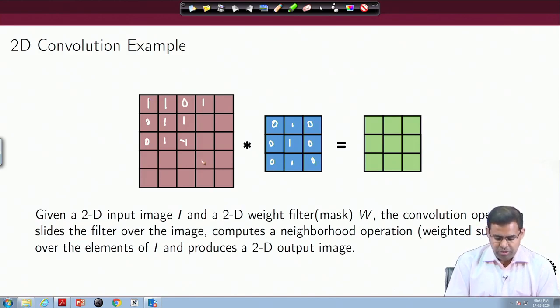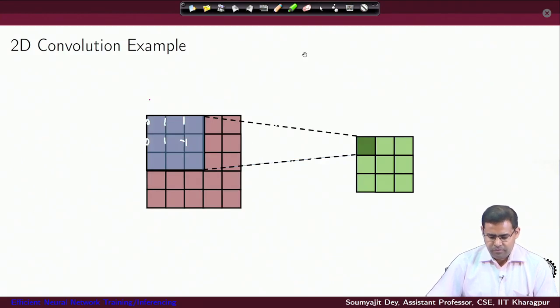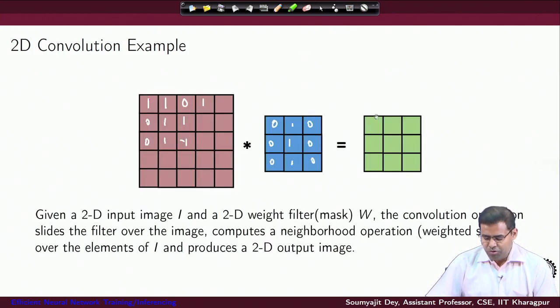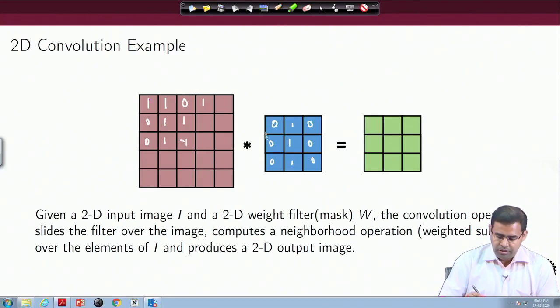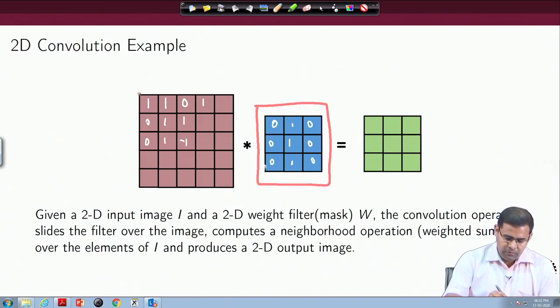Now, when I do the convolution, what is really going to happen is in your output, the value at this location you are getting by applying this mask on this possible location.